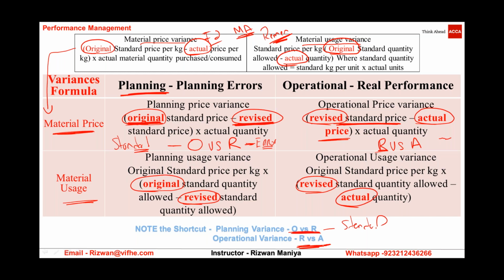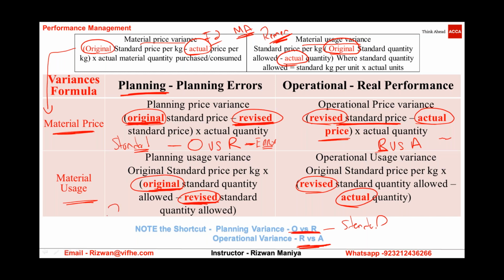So it's simple, guys. What is planning variance? It's O versus R, original standard versus revised standard, whether it is of price or of quantity. So let's move towards quantity. Material usage: original standard quantity allowed minus revised standard quantity allowed.